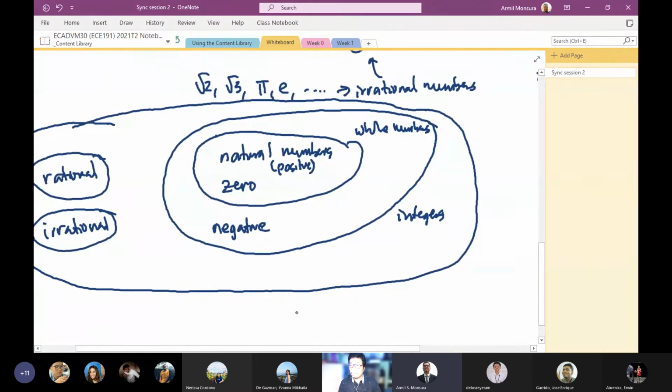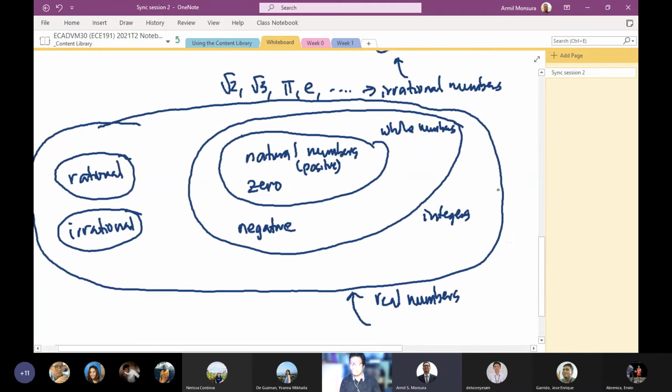We will call now this thing the realm of real numbers. Tatawagin natin ngayon itong buong number set na to as the real numbers.